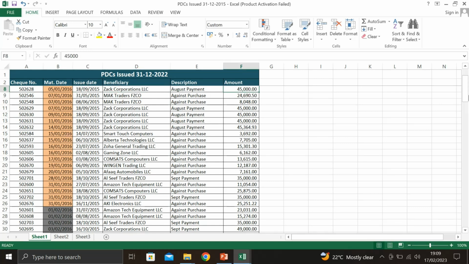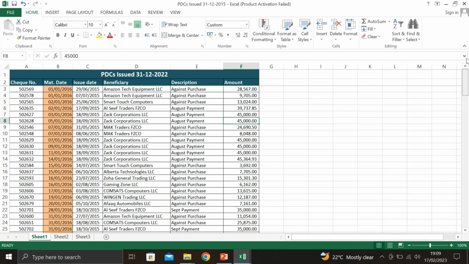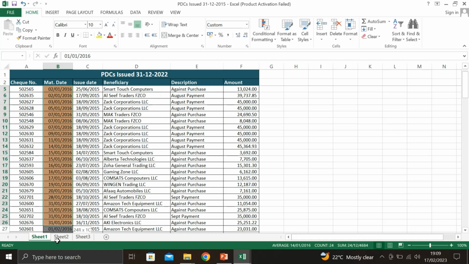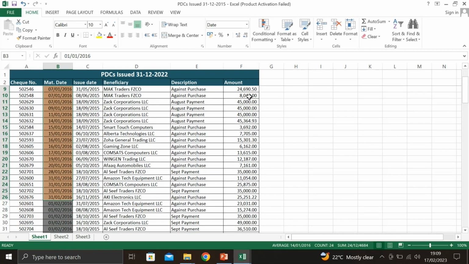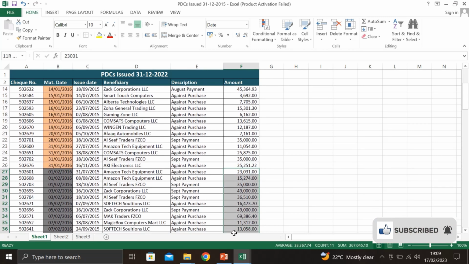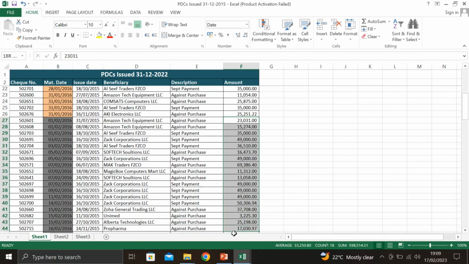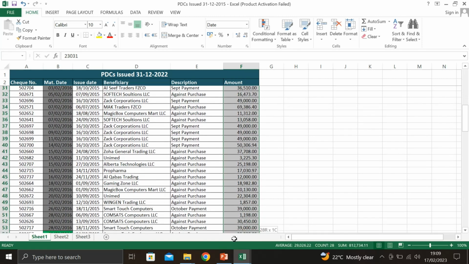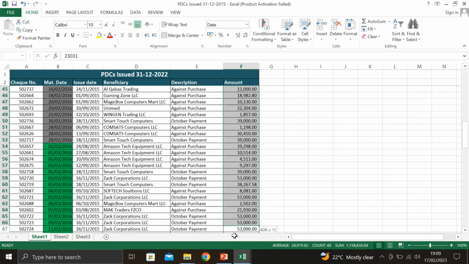Here we have all the checks month wise. For January, how much checks we have, this orange one, all these checks are for January. So the total of these checks we will pay in January. Similarly for February we have the checks for the suppliers we issued already in advance. Then March will start, then April.